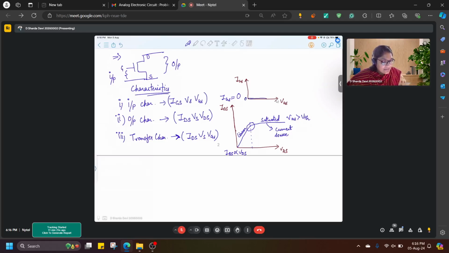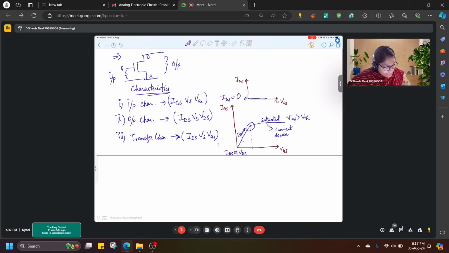And in linear region, when current and voltage are linearly proportional, what is the component where I is directly proportional to V? Yes, in our electrical, what is the component where I and V are directly proportional? Anyone? Resistance.